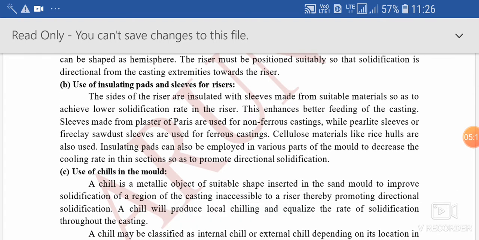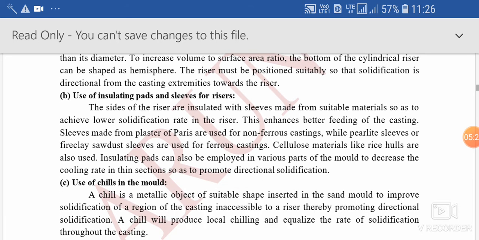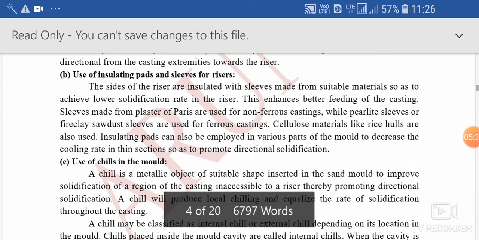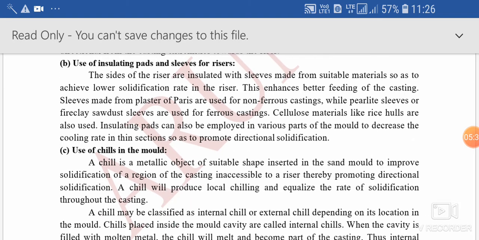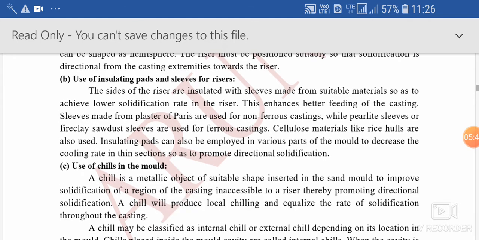Second one, use of insulating pads and sleeves for risers. The sides of the risers are insulated with sleeves made from suitable material so as to achieve a lower solidification rate in the riser. This enhances better feeding of the casting. Sleeves made from plaster of Paris are used for non-ferrous castings, while perlite sleeves are used for ferrous casting.